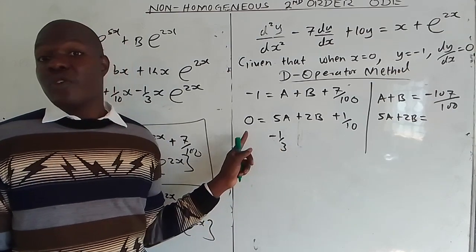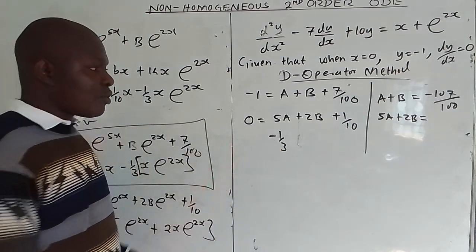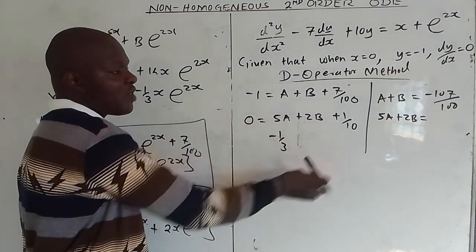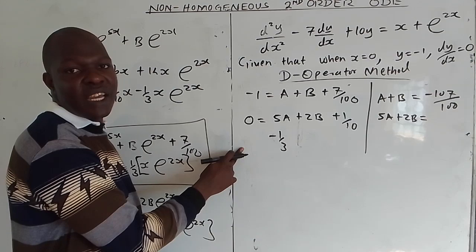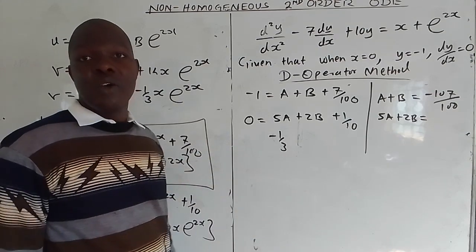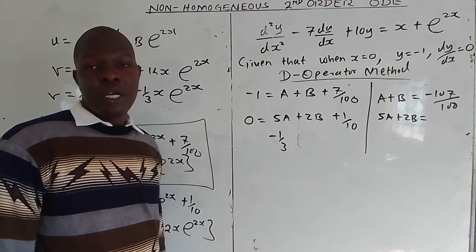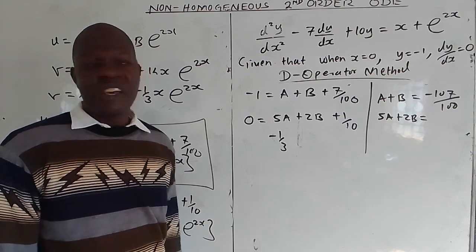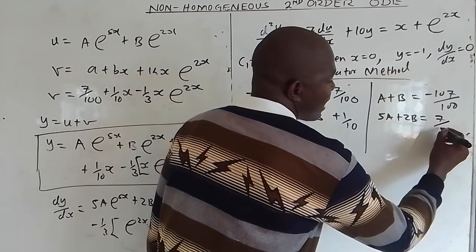If you take it on the other side of the equation, negative a third coming here is positive a third, isn't it? Positive 1 over 10 coming here is negative 1 over 10. So 1 over 3 minus 1 over 10. Are we together? That is 10 minus 3 over 30. That is 7 over 30.